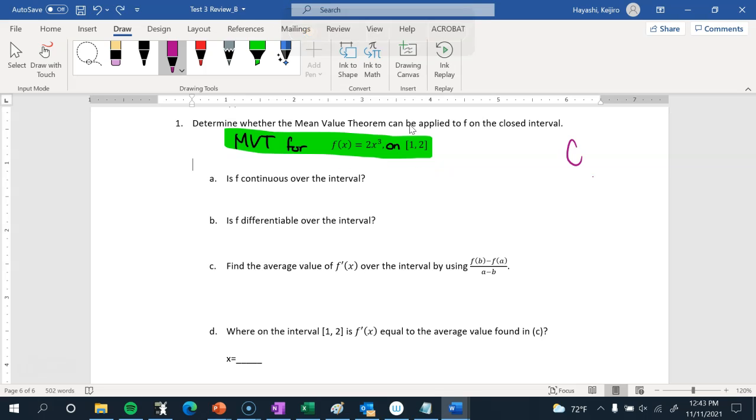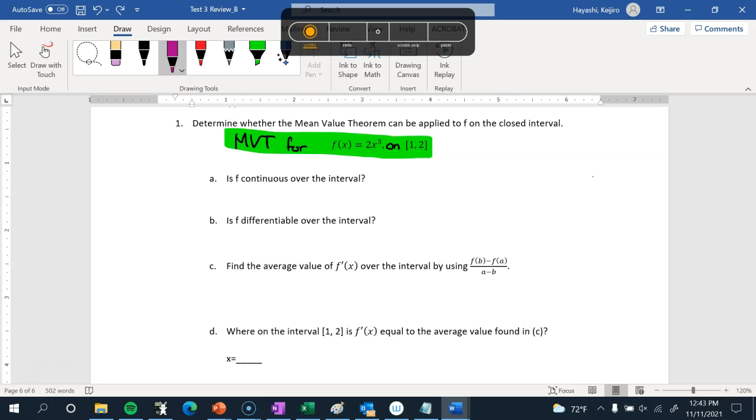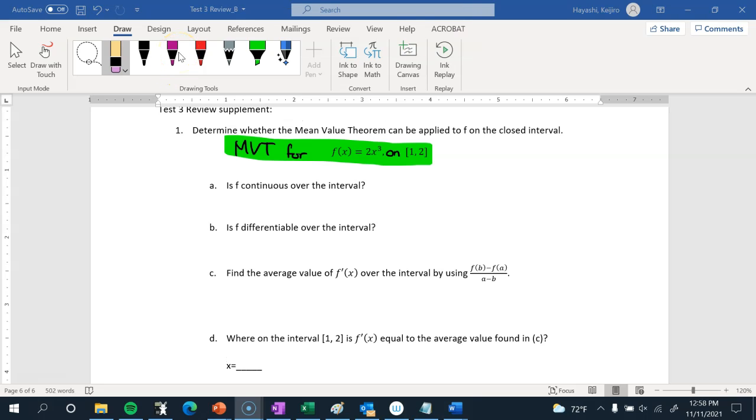Okay. So the reason that we are going to be able to use the mean value theorem is because f is continuous. This function 2x cubed is continuous over the interval. It's continuous everywhere, but in particular, it's continuous over the interval 1 to 2, from x equals 1 to x equals 2.